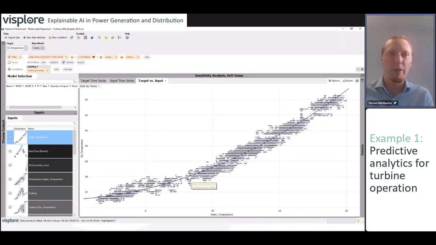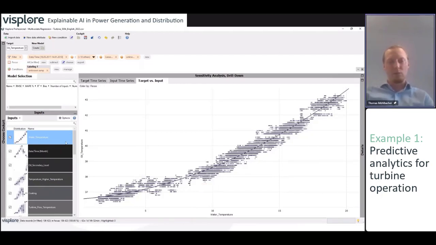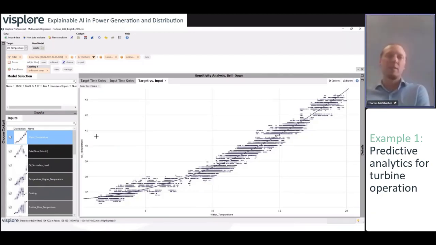Water temperature is top ranking, and so this algorithm guides the domain experts towards the features that they can use here.